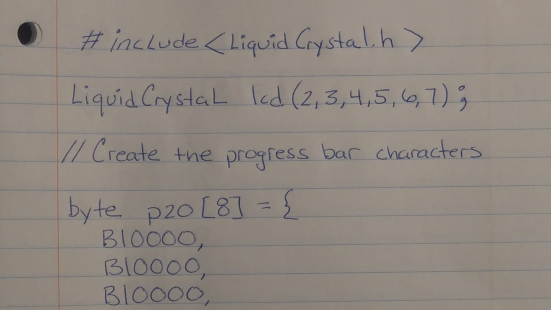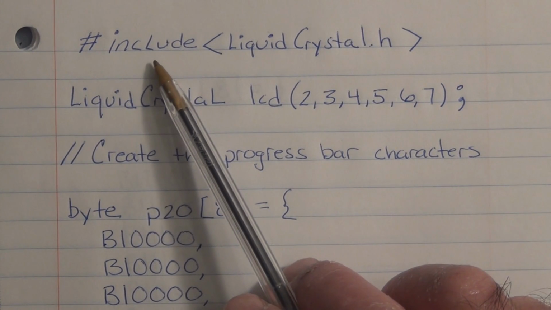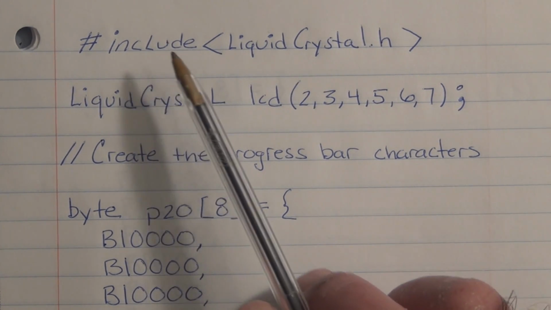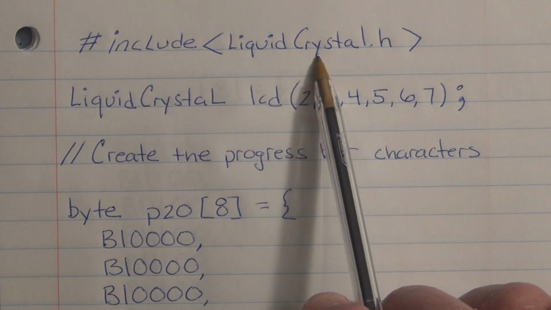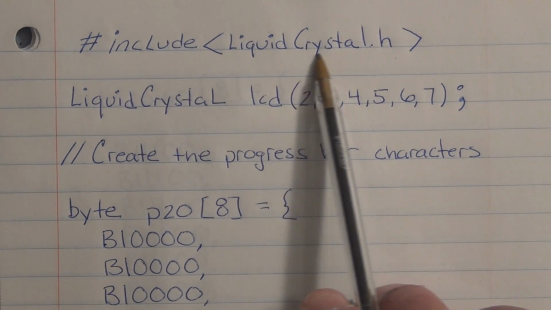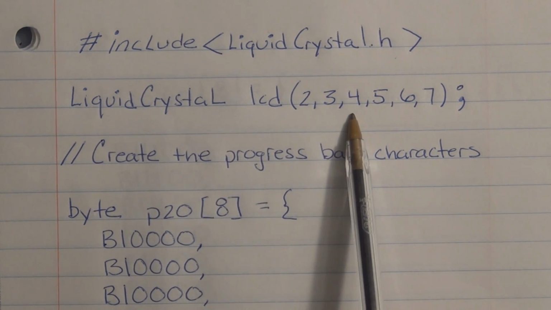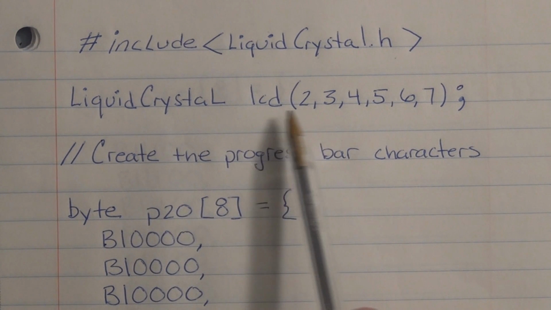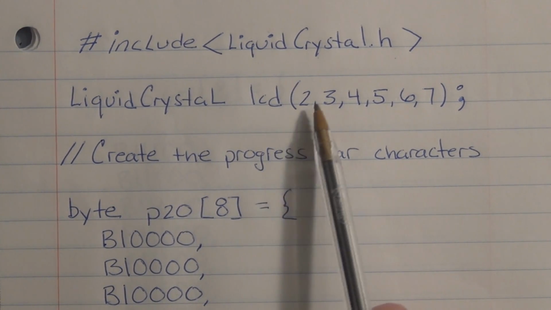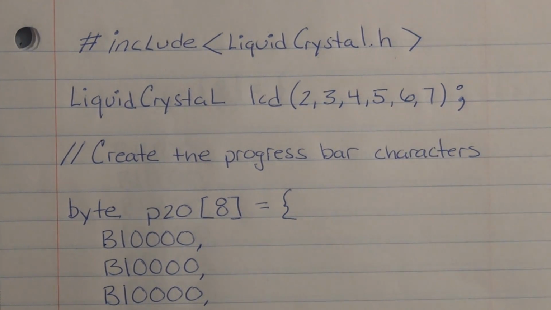Now, of course, none of this is going to work unless we start off by including the library, the LiquidCrystal.h library. So we have that here, and then we define the pins that we're going to use for the display. And on this particular LCD, it's pins 2, 3, 4, 5, 6, and 7.